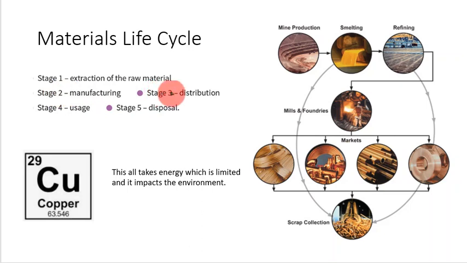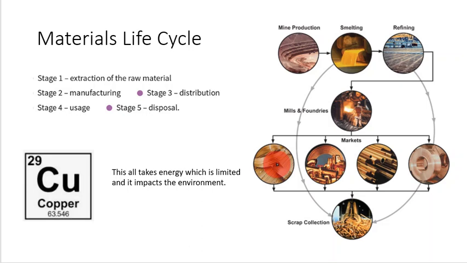Then the next stage is distribution. These have to be sent from where they're manufactured out to the material suppliers in all the different counties or countries, like the different providers all around the country.